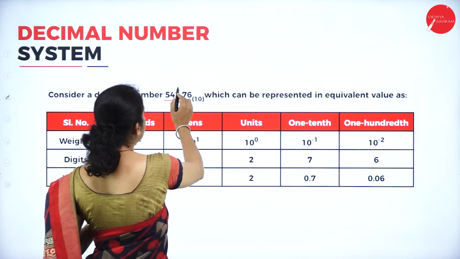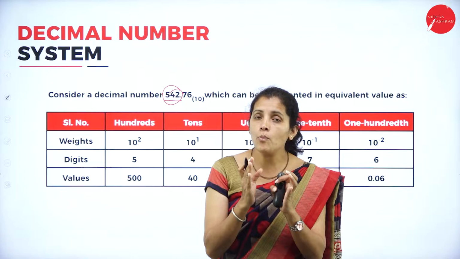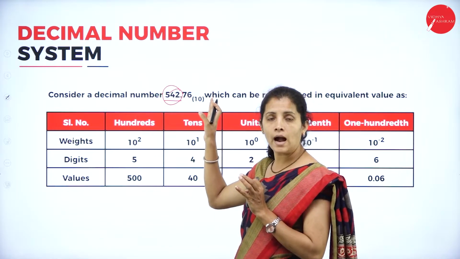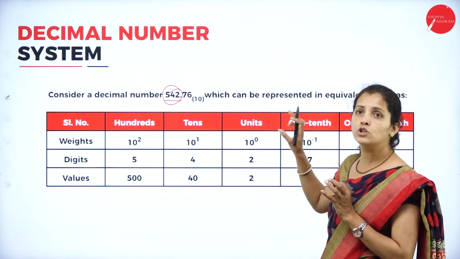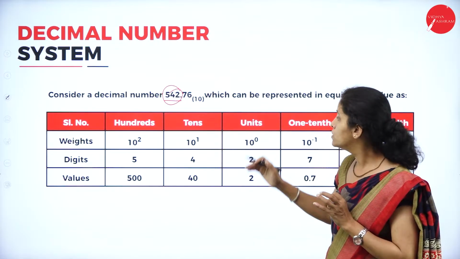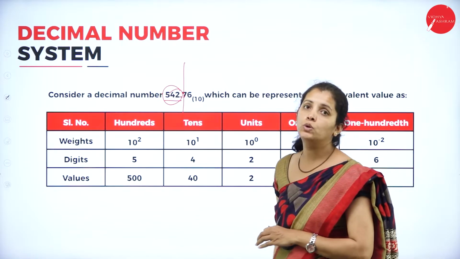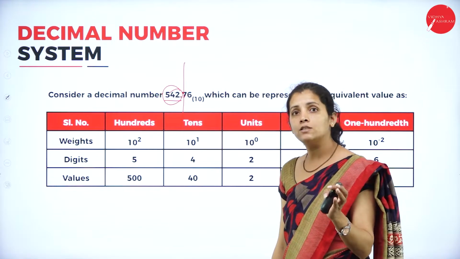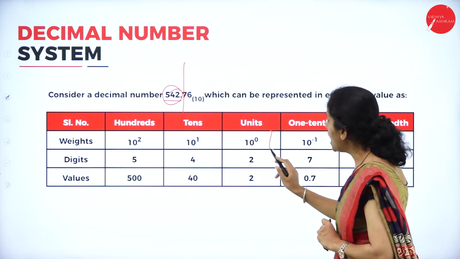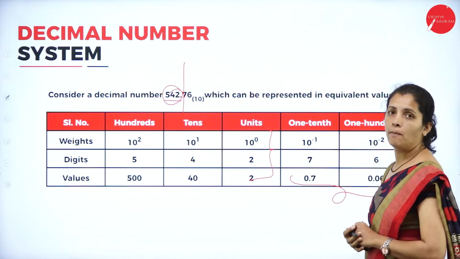So dear student, please remember that I'm going to have the integral part as well as the fractional part. To my integral part, whatever positions I specify are in the form of positive numbers, and if I consider the fractional part, whatever positions I specify are in the form of negative numbers. So I'm going to split this number into 2 parts, fractional as well as integral. Now see, these are my integral part and these are my fractional part.